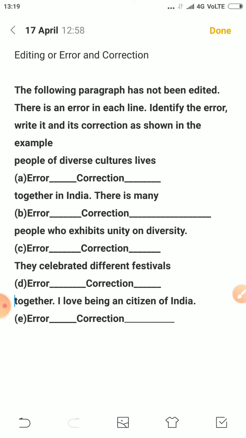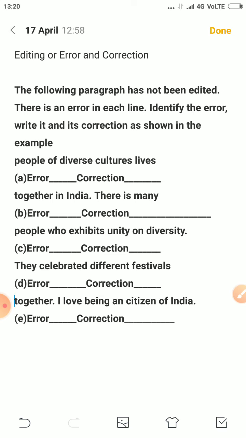So the first tip, the first tool to solve this question is that we have to understand which tense this is. Second, we have to read each and every line one time, all together till the last, then you will get some idea.